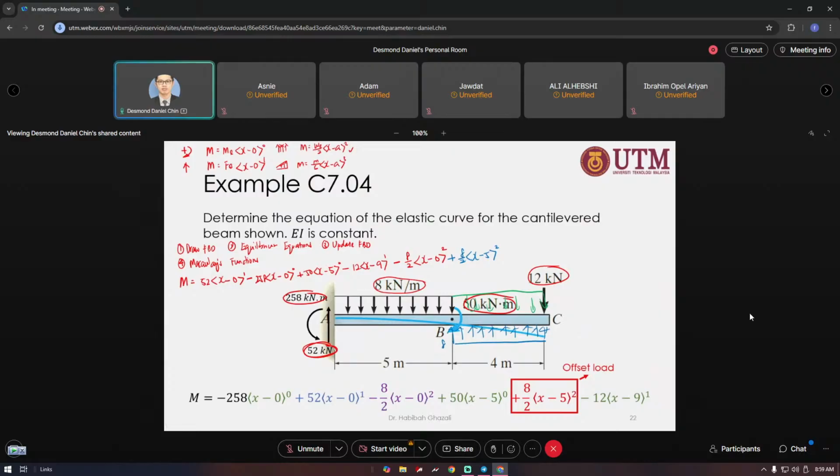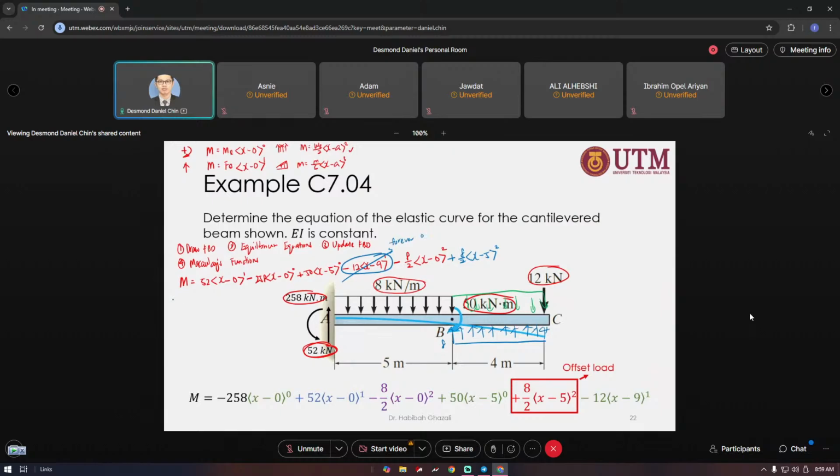So can I simplify this equation? Yes. Which part can I remove? Minus 12 bracket x minus 9. Exactly. For this part, I can remove it because this will be forever 0.